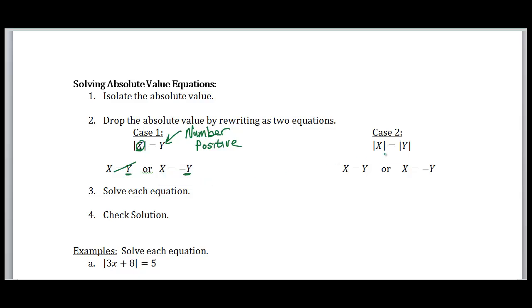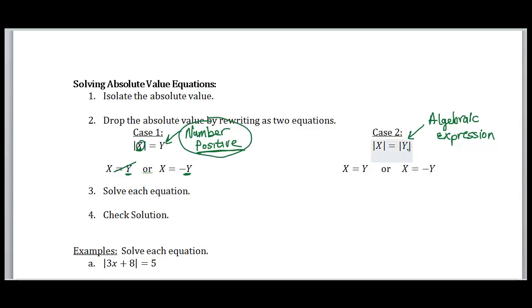The other case is when we have an algebraic expression on the other side of our absolute value that involves the x. Since it's an algebraic expression and we don't know what x equals, we have to let it equal the absolute value so that we can have a positive, as we do in this case over here.